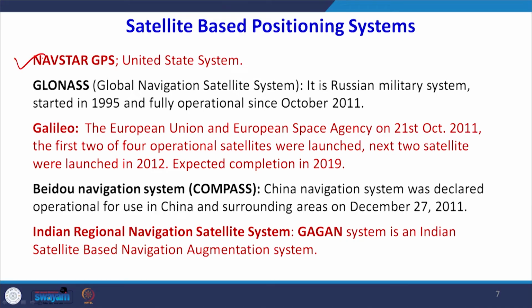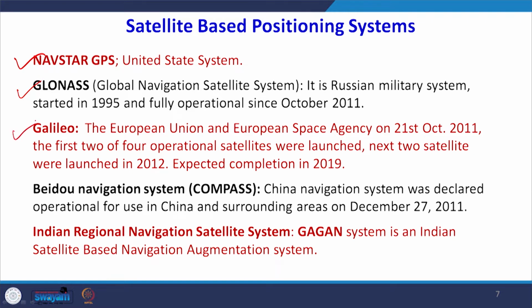Different countries have built their own systems of satellites. The United States system is called the Navigational GPS system. The Russian military system is known as GLONASS, Global Navigation Satellite System, which started in 1955 and became fully operational in 2011.